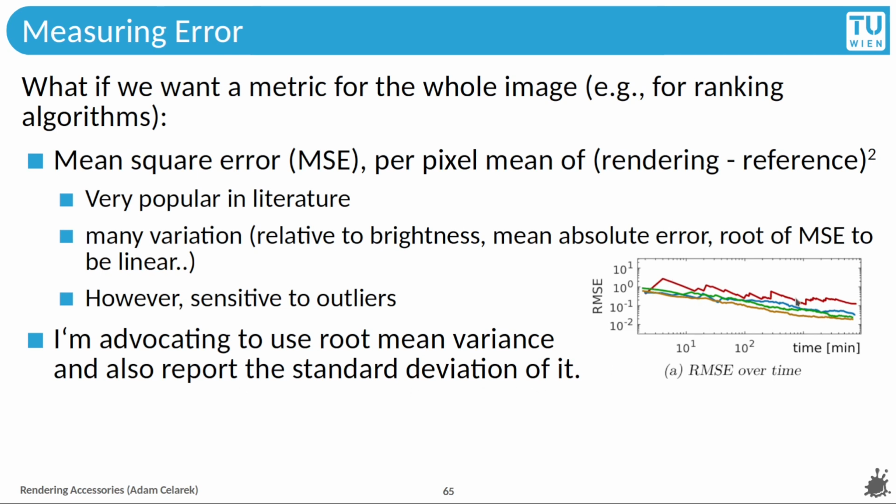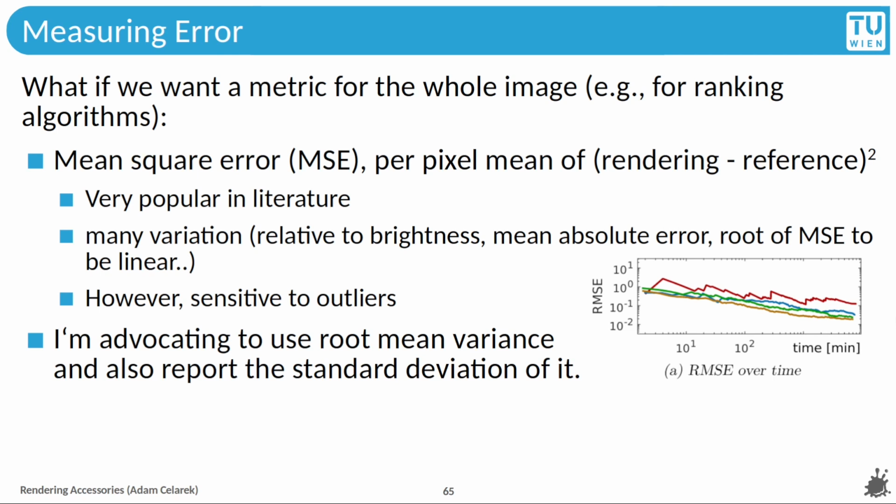Over here you see the root mean square error plotted over rendering time. The jumps over here and here, these are outliers, and so it would be hard to choose a fair rendering time for comparison.